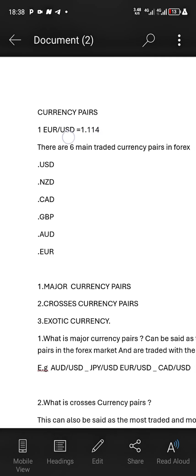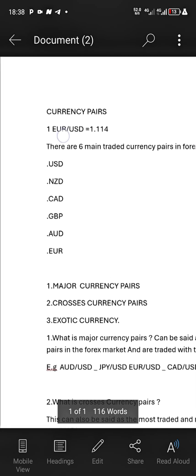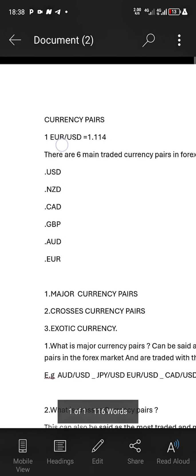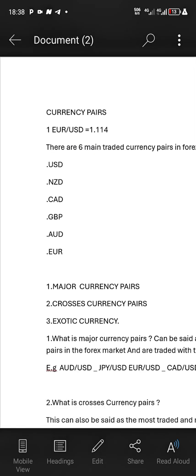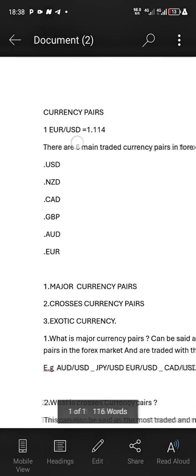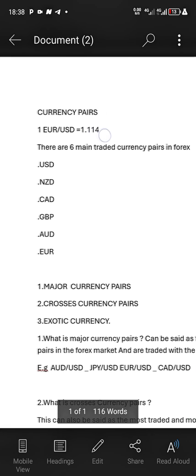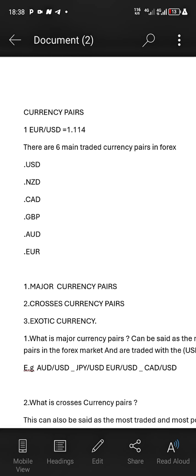So what this is indicating is, if you know what I said in my previous video, that you need €1 to get this 1.14 United States dollar. You understand now?